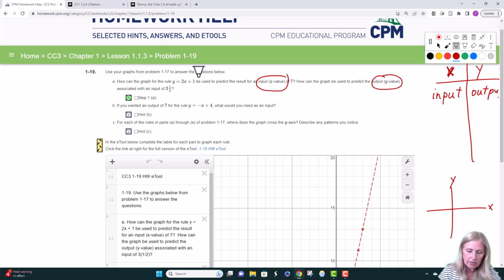And look at this equation they've given you right here. You've got your x and you have a y. So it's not going to be that difficult to plug in what they're talking about. For instance, it says, how can that graph be used to predict the result for an input of 7? Does input describe the x or the y? Right, the x.